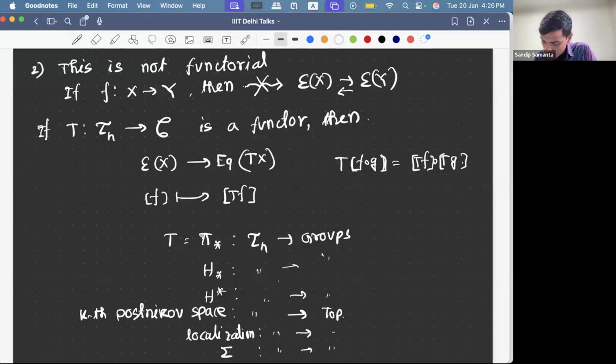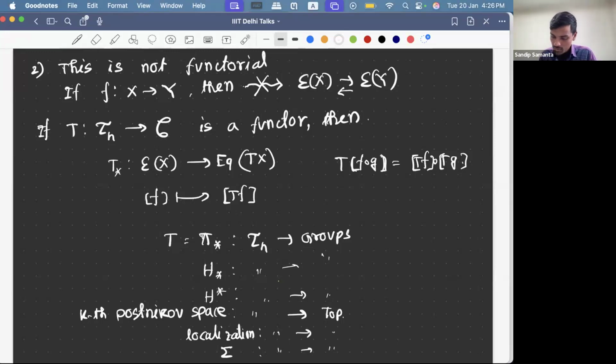So how does that help? In this case, we sometimes study the image of this induced map, let me write it as T star. Studying the properties of this T star, we are sometimes able to say what properties epsilon X might have.